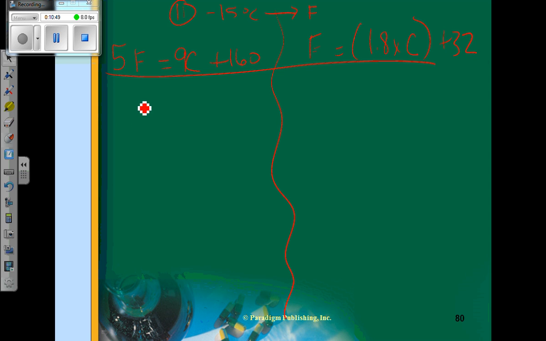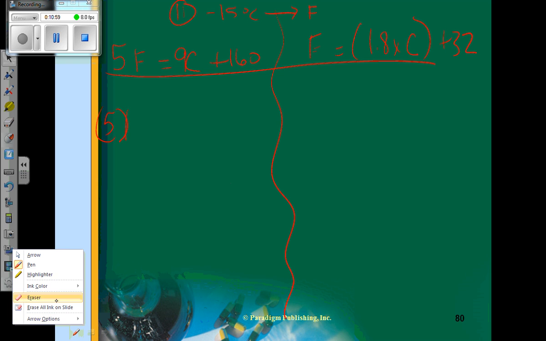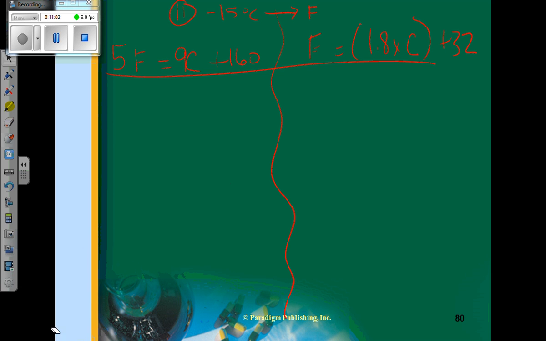So over here, we're going to take our 5F. Let me erase that. I should have put that in parentheses. So we're going to take 5F equals 9, and we have our Celsius temperature, so we're going to put it in place of the C, times negative 15, so don't forget your negatives, plus 160.